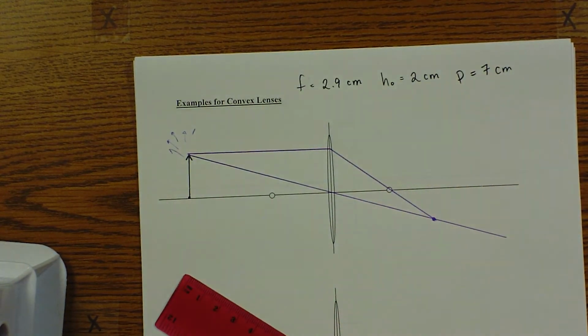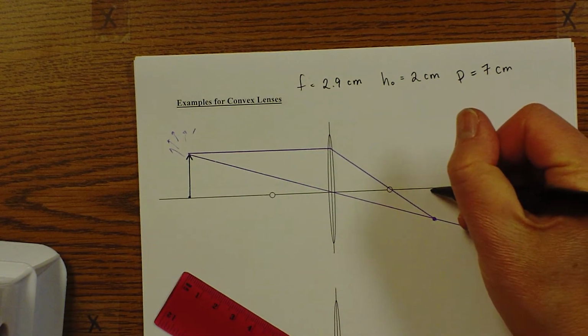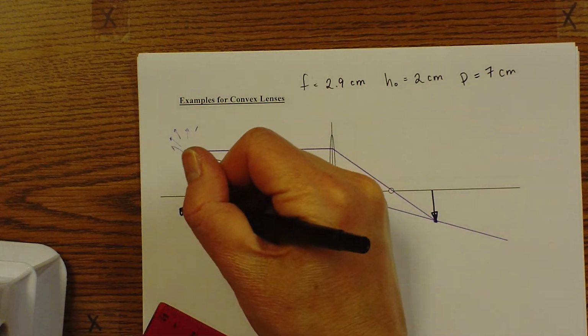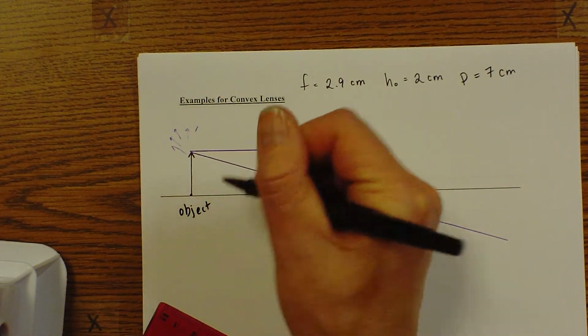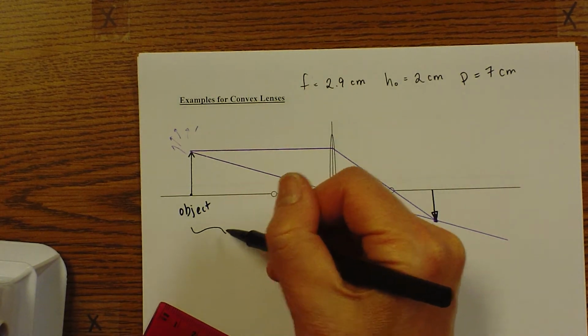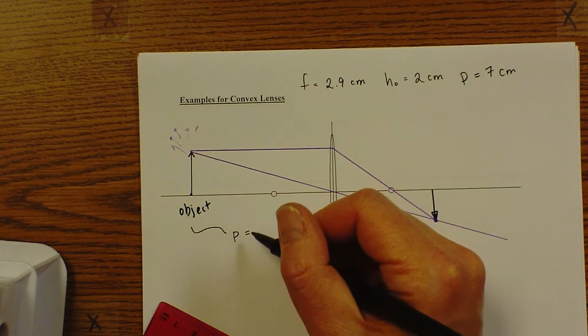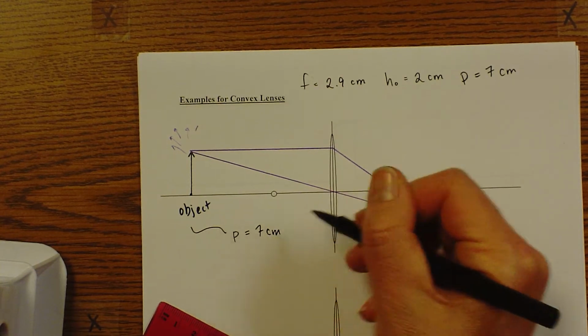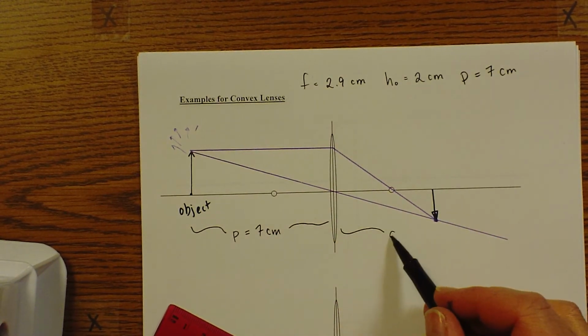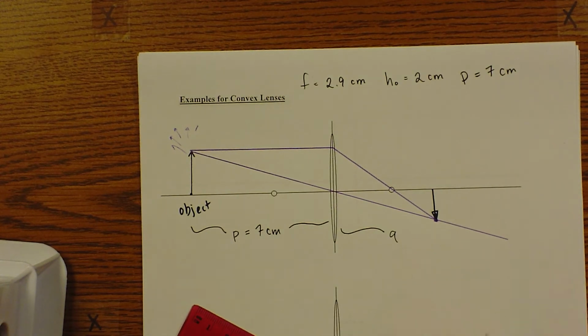At this intersection is where the image will show up. So this was my object. I had an object distance, P, of 7 centimeters. Now I've determined the location of my image, Q.